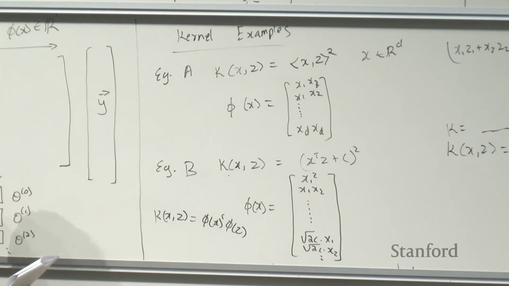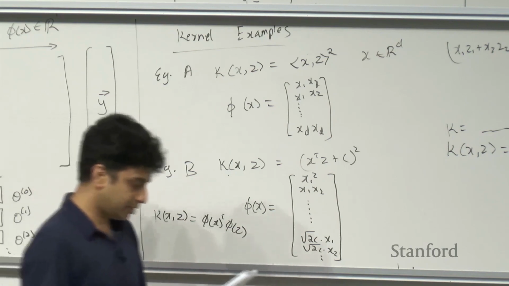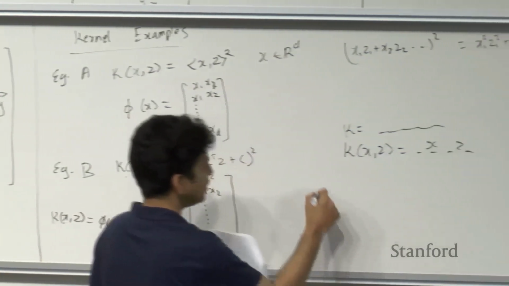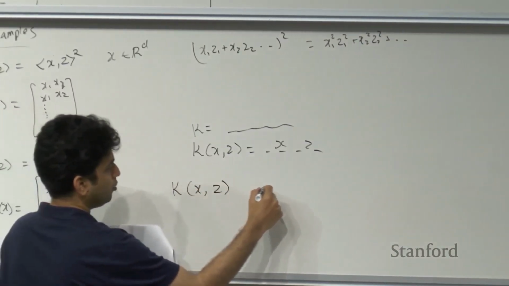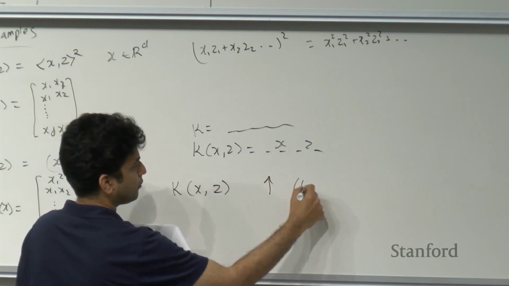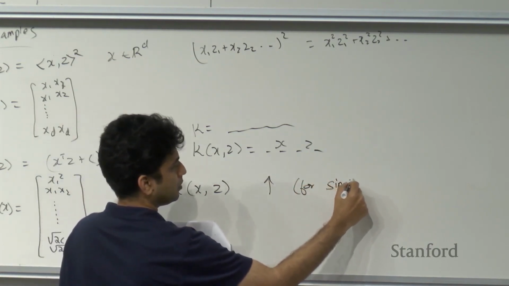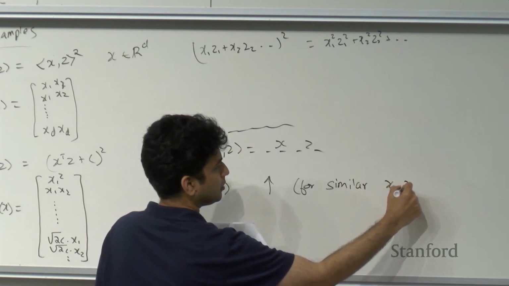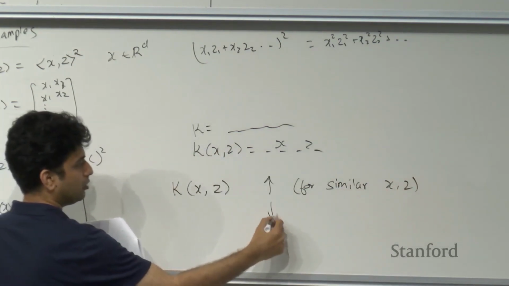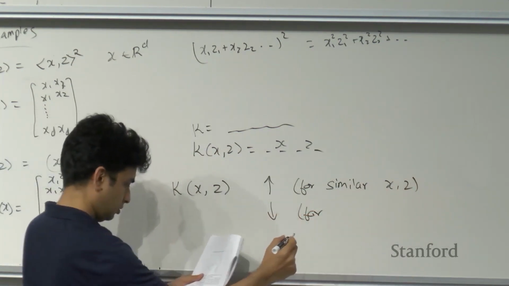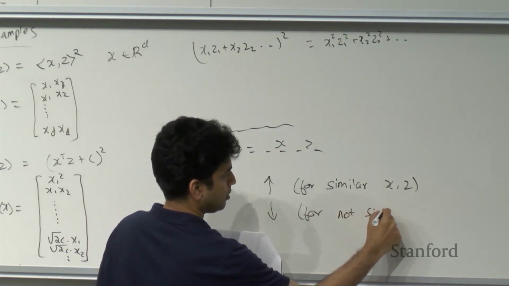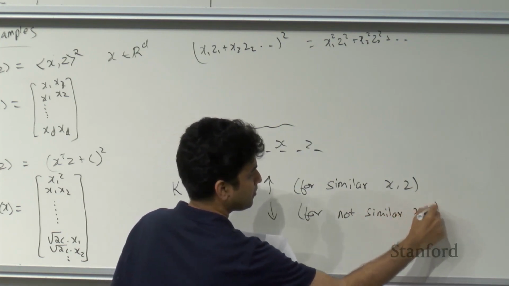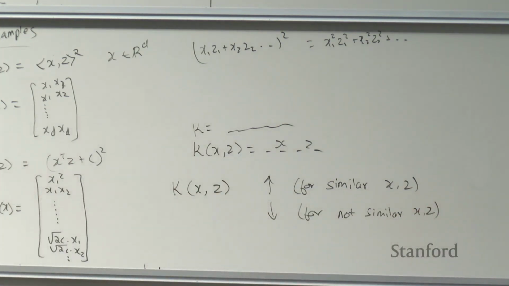Right? Kernels can be seen as similarity metrics, and we want k of x comma z to be high for similar x, z, and we want it to be low for not similar x comma z, right? And this might be obvious.